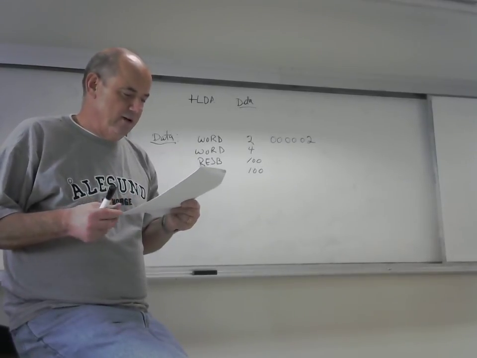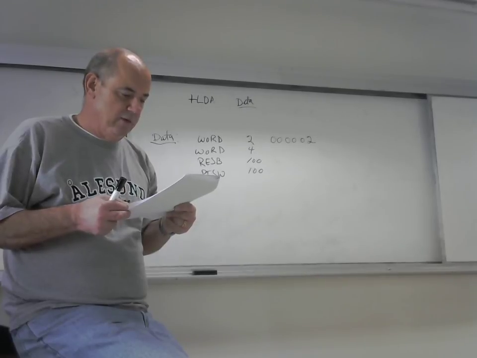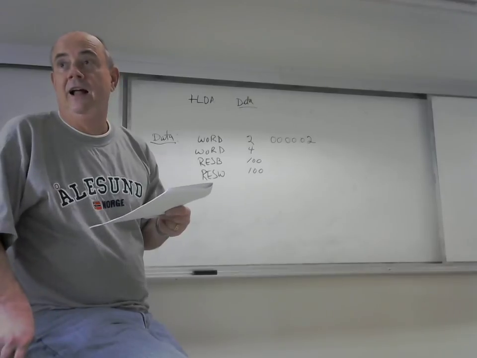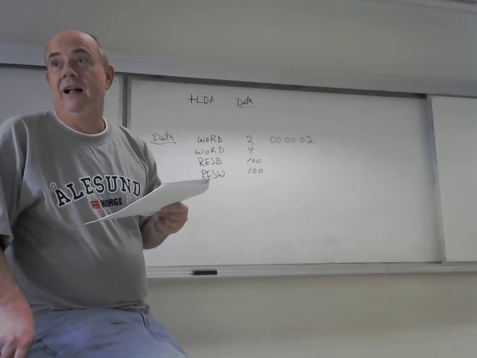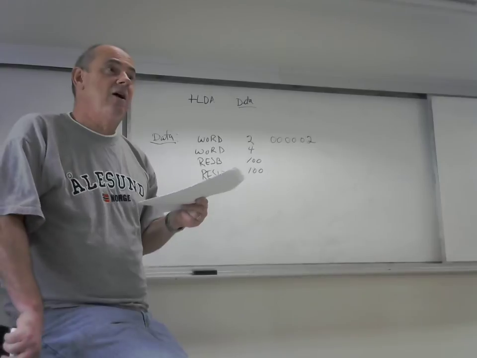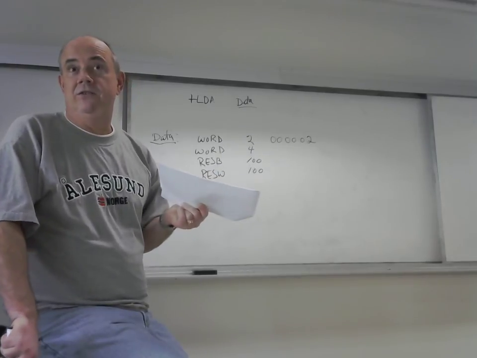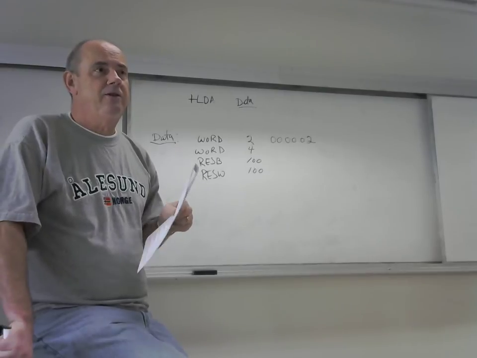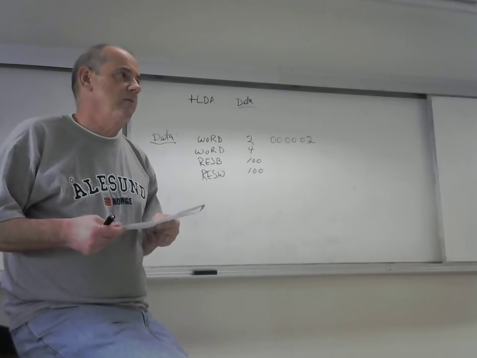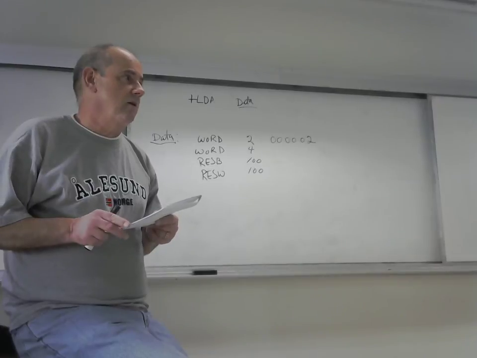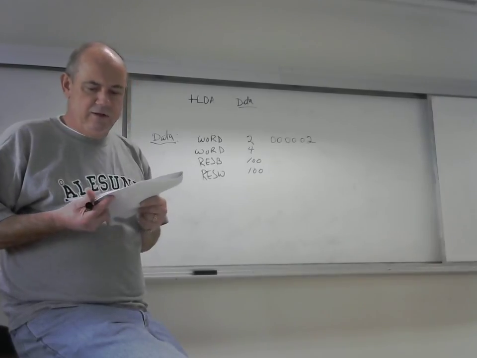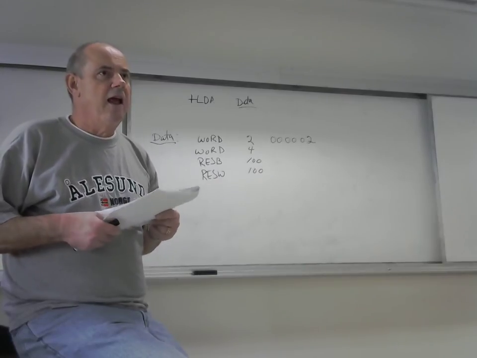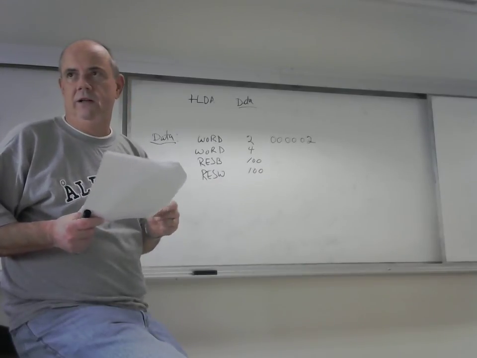A format 4 instruction may have a 20-bit immediate value. Yes? I'm falling way behind. You said these are going to be on. Exactly. No, I'm not posting these questions. I'm just giving you a sense of what to study. Sometimes students tell me I haven't the slightest idea what's going to be on the test. All right, so I'm telling you. These are details about the assembly language for this architecture and how they would be assembled.